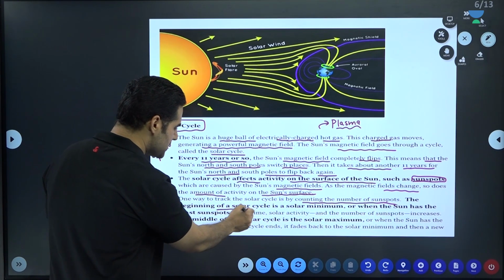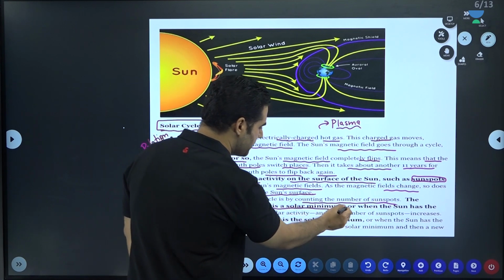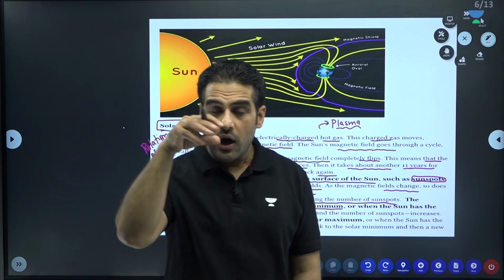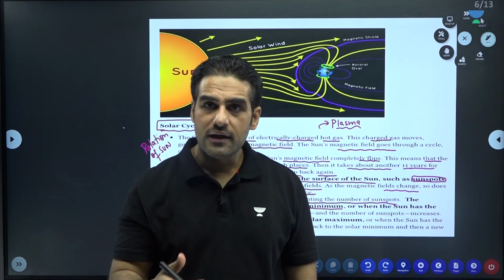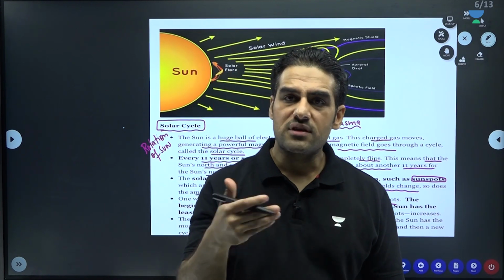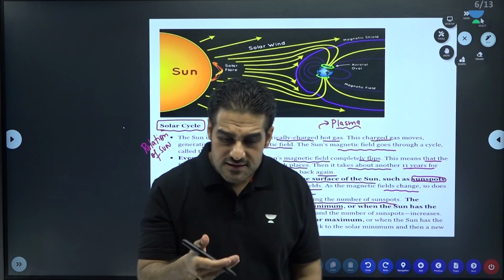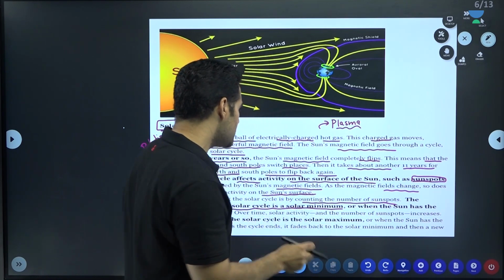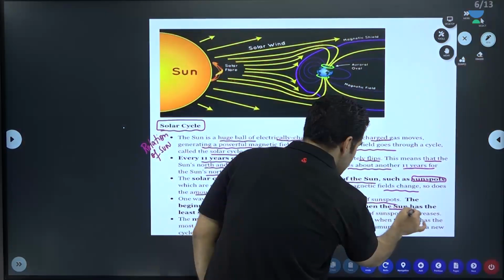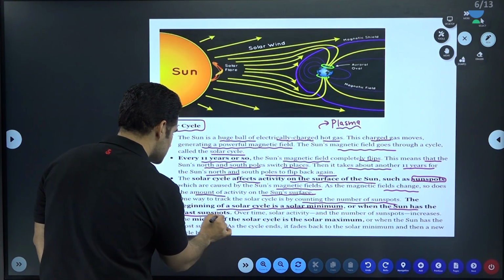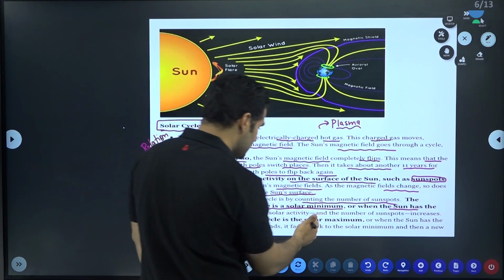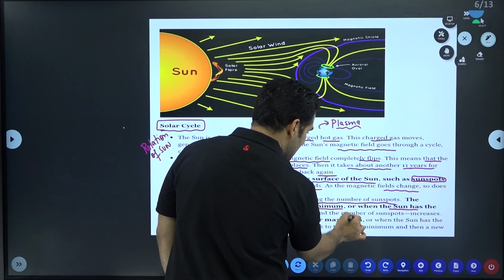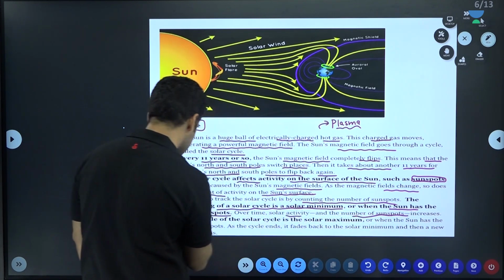The beginning of the solar cycle is solar minimum. So it means how can we conclude about the sunspot activity? When it is in the beginning phase, spots will be very few. So what is that called? Solar minimum, or when the sun has the least sunspots. Over time, solar activity and the number of sunspots increase.